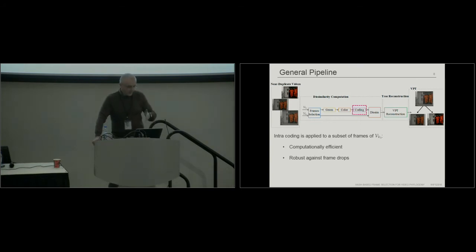And therefore, the recoding process, indicated here in the highlighted box, is carried out using only an intra-frame approach, because the other reference frames in the other video are encoded in inter mode.